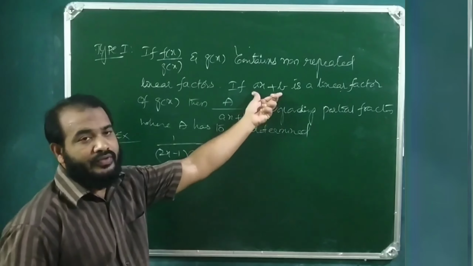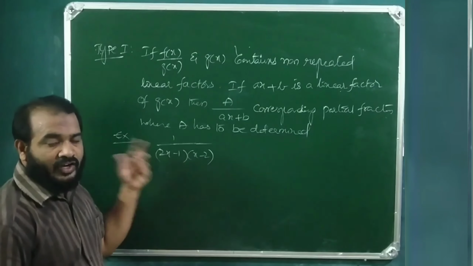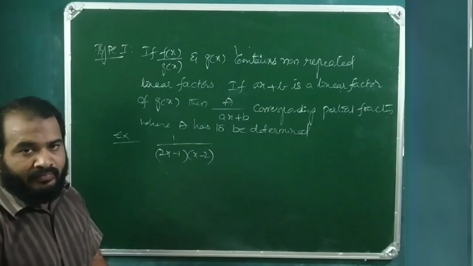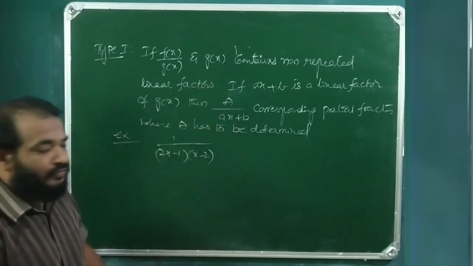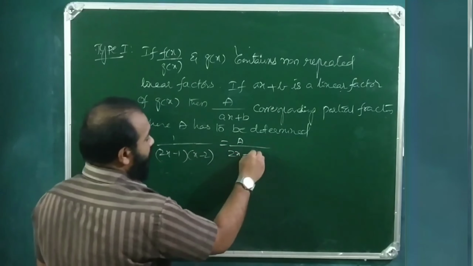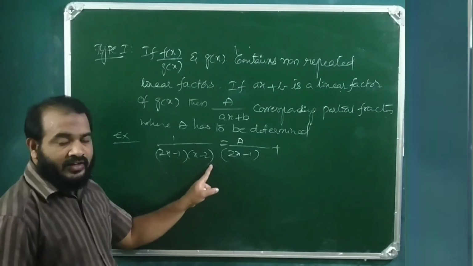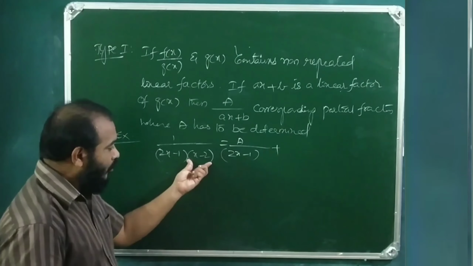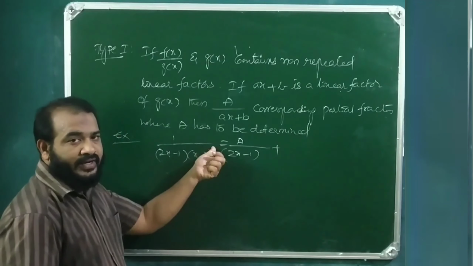So for each linear factor, there corresponds a partial fraction of the form A by ax plus b. Here, A by 2x minus 1 plus. This is also a linear factor. Both are non-repeated; non-repeated in the sense x minus 2 whole power 1, so it is not repeated.